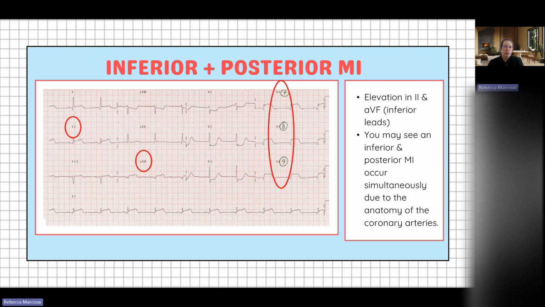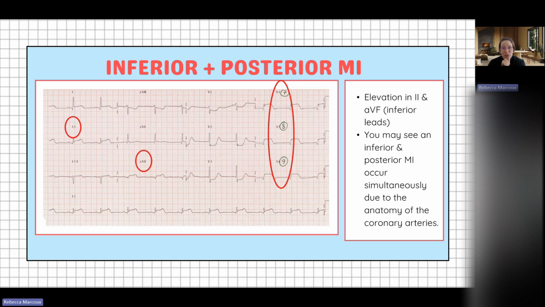As I said, we can often have an inferior and posterior MI in conjunction. So this is just an example of that. Our limb leads will show us an inferior infarct. You can see ST elevation here in lead 2 and ST elevation here in AVF.